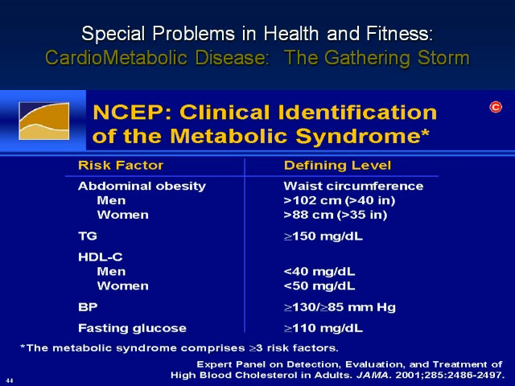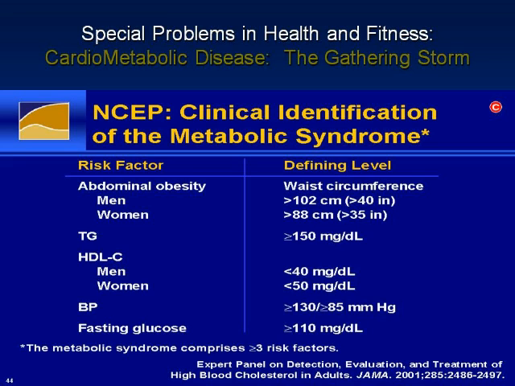How many of us are familiar with the NCEP clinical identification of the metabolic syndrome? Within the endocrinology community and the cardiology community over these past several years, there's been quite a bit of debate around what risk factors really do qualify one for the metabolic syndrome and what those numbers should reflect.